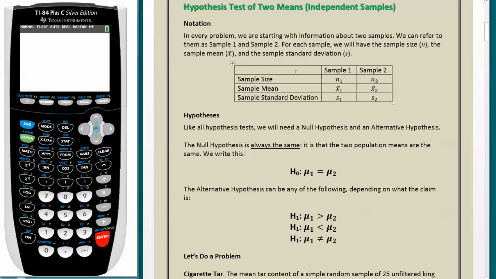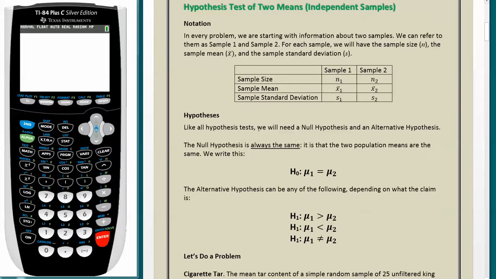And I really encourage you, when you have a problem, write it up just like this. Sample 1, sample 2, the sample size of sample 1 is n1, the sample size of sample 2 is n2, and so on. Here's the sample mean of sample 1, the sample mean of sample 2, and the same with the standard deviations.